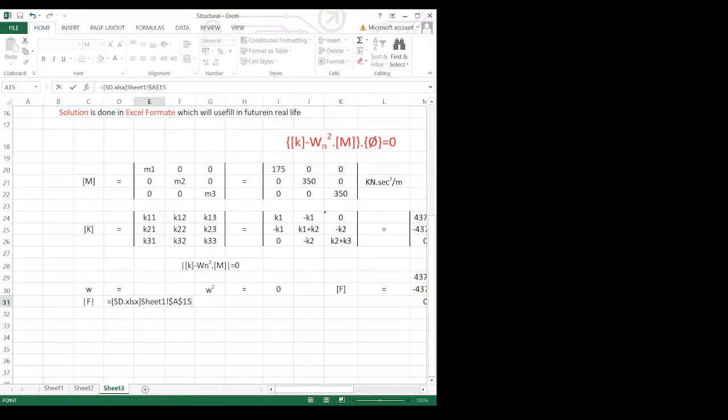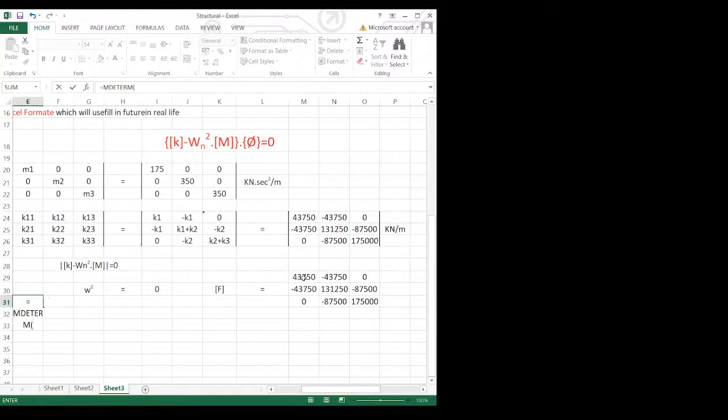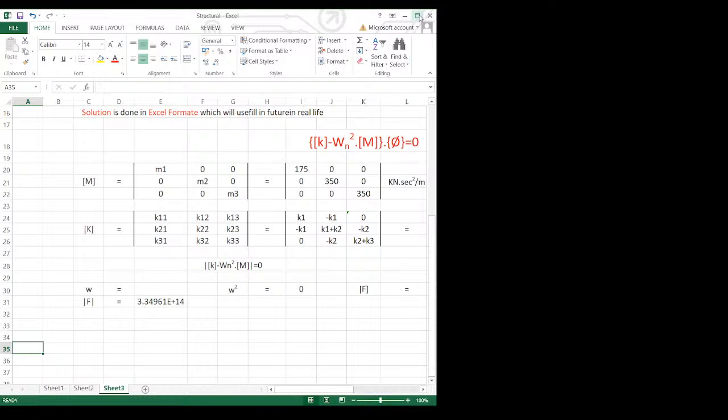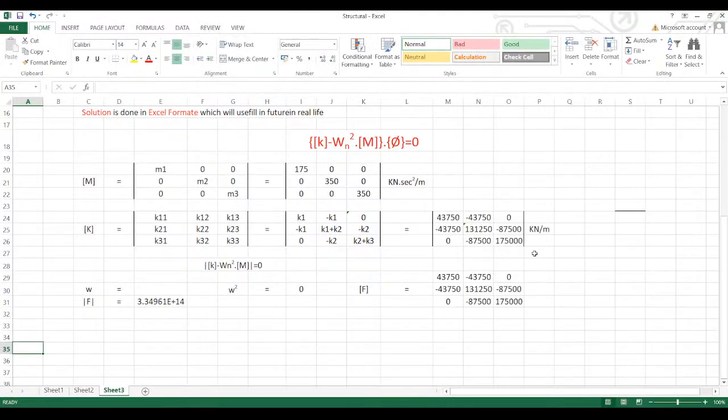We have to calculate the determinant. We put is equal to MDETERM and select the array. We have to select the array, that is this one. Enter. We have calculated the determinant of this matrix.